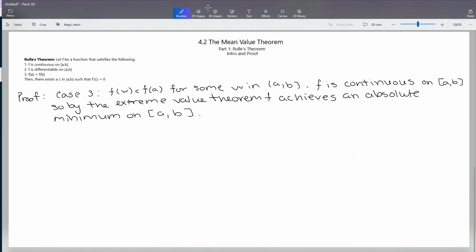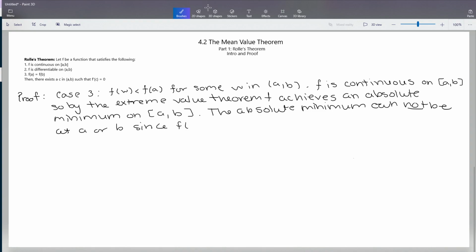But the point is there has to be some point that is lower than the endpoints. Since we have this point that's lower, the absolute minimum can't be f of a and it can't be f of b, because there is something lower than that on the graph.